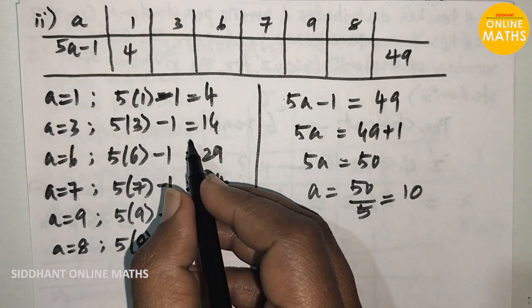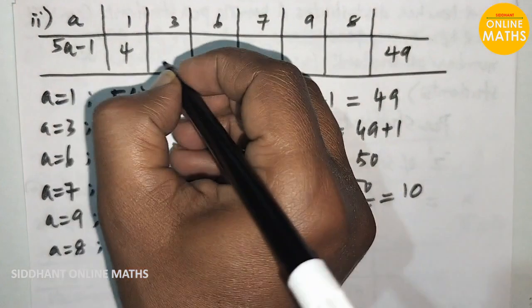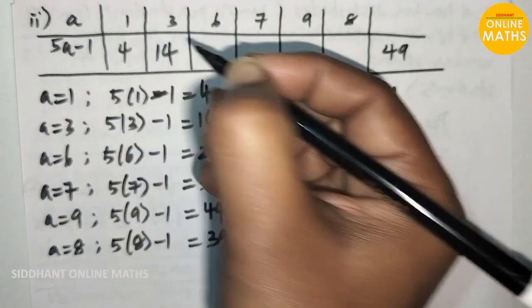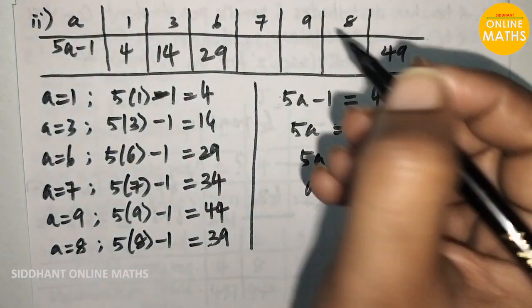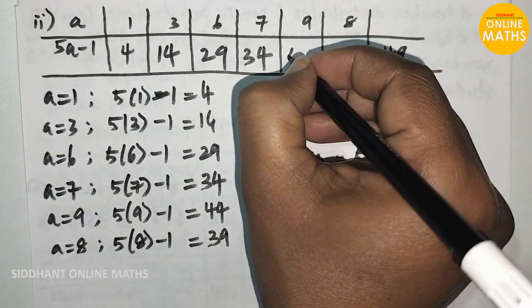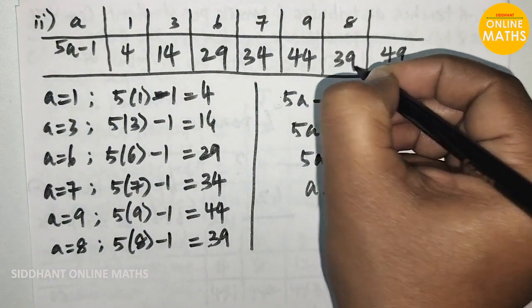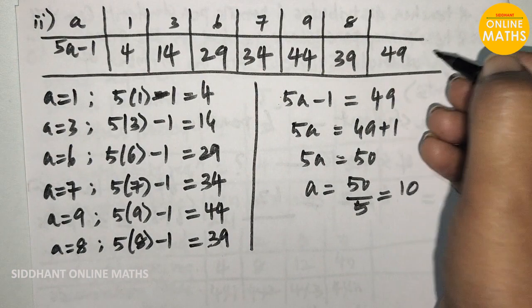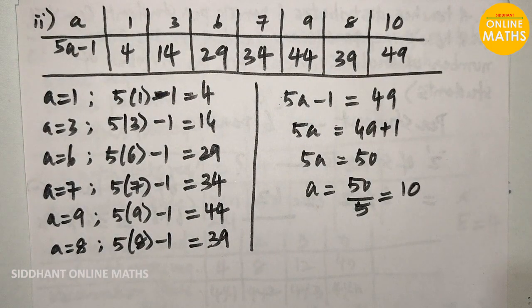So here are the results, and you are going to fill in the blanks. So here for 3, 14, for 6, 29, for 7, 34, for 9, 44, for 8, 39, for 49, here you are going to see 10.